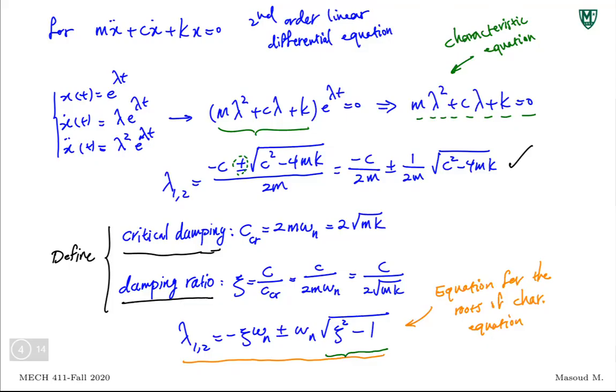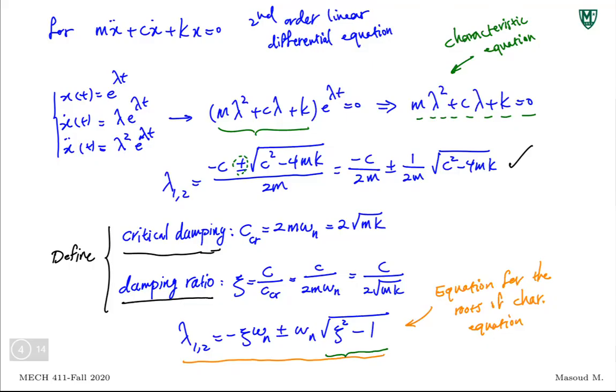What do we get out of this? 0. This part becomes 0. So lambda 1 and 2 are equal to minus zeta omega n. So we're going to have two similar roots, the same roots, a repeated root, because it just becomes minus zeta omega n.